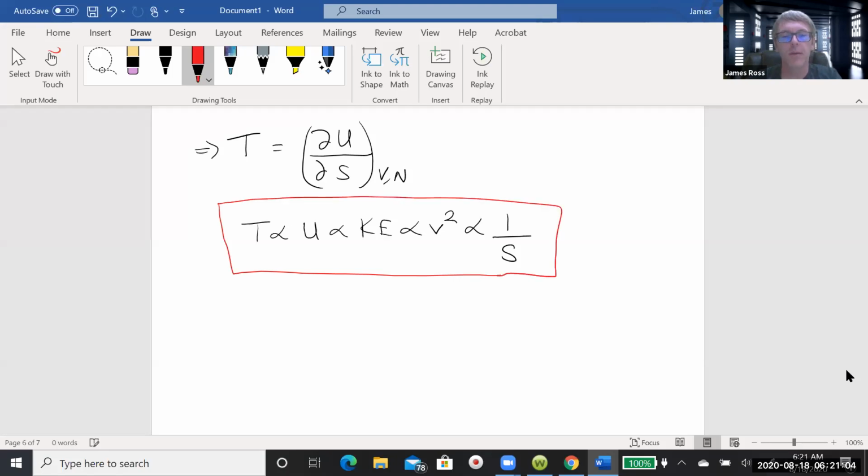Yeah, we've got energy in there. So temperature is proportional to energy, different types of energy, different manifestations of energy, molecular motion, entropy, or increased degrees of freedom.